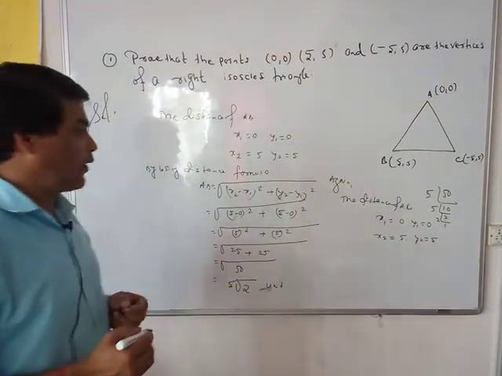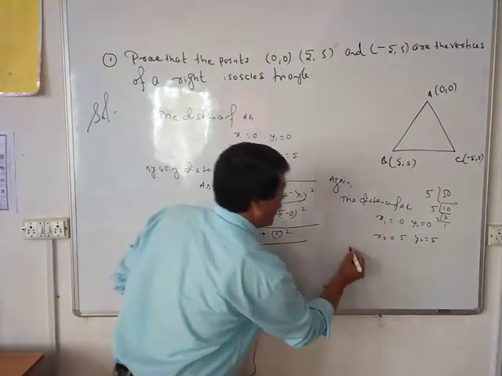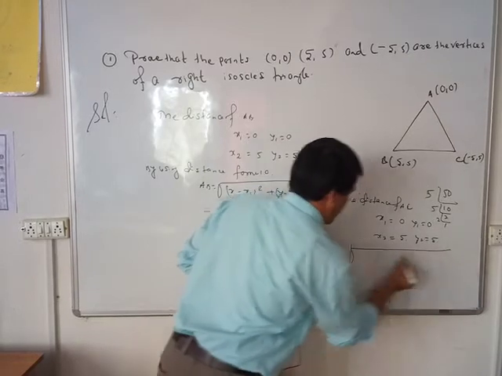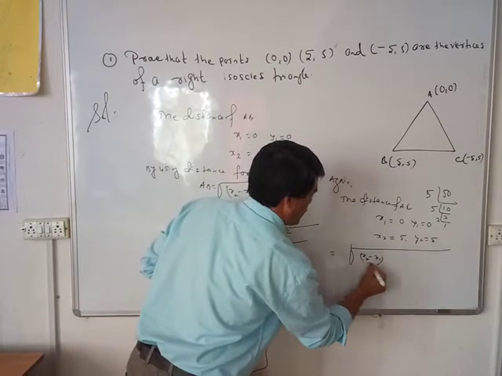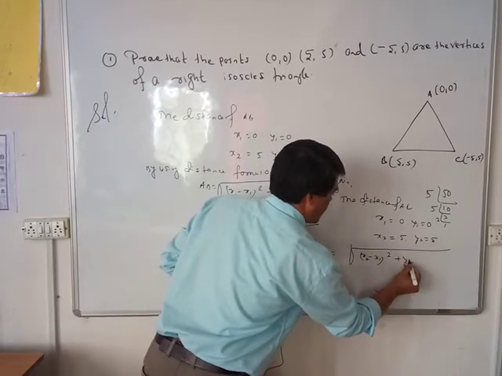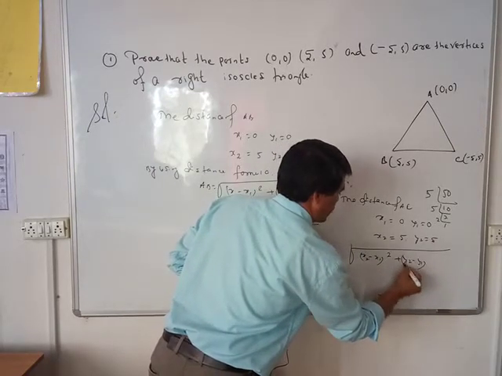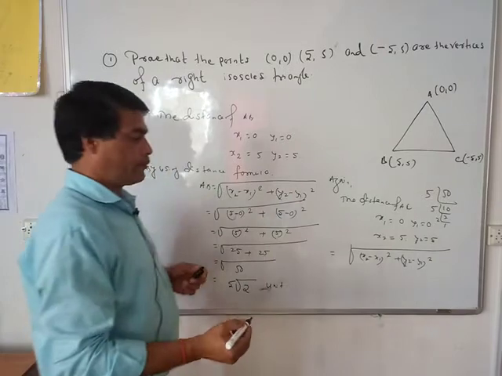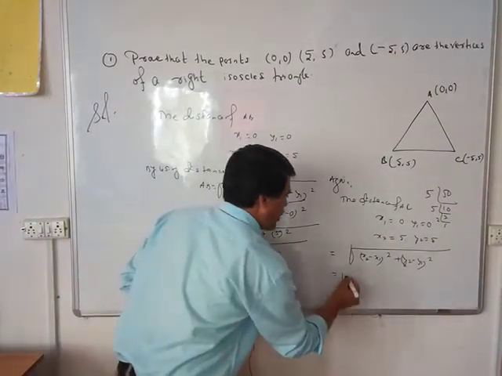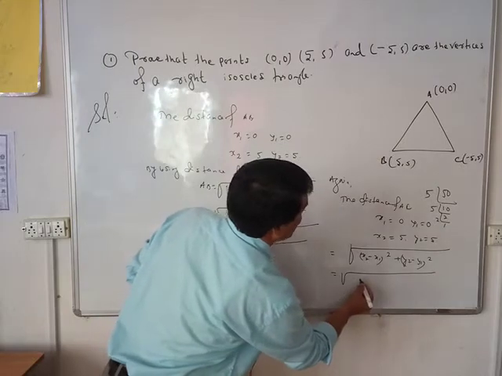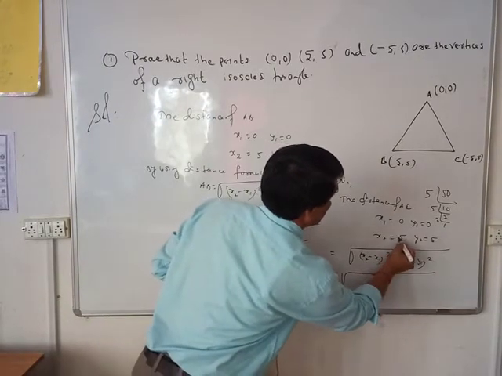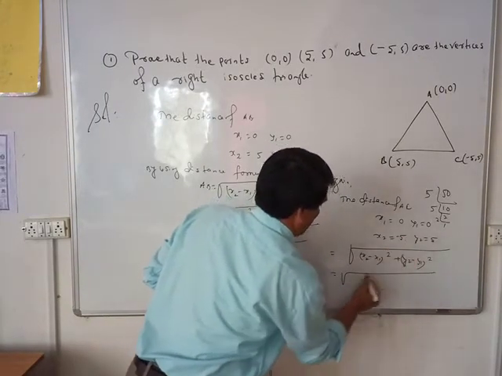Then we find the distance of AC by using the distance formula: (x2 minus x1) whole square plus (y2 minus y1) whole square, and x2 value is minus 5.